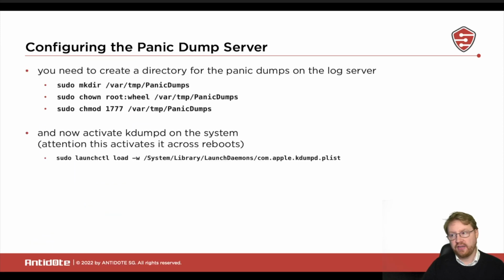Then the next thing you need to do is actually create the directory on your panic log server or panic dump server. I do this by just creating it as root. I make it root owned, and then I chmod it in a way that the nobody user can for sure write into it.